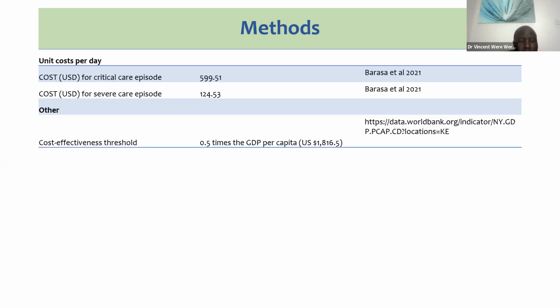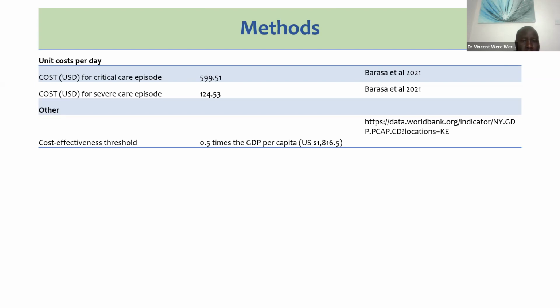Then we had already done an analysis of our data, and we found that the cost of care for one critical patient is $599 per day. And we had already done another study showing that the cost of severe was $124. From here, you can see clearly that a severe patient is cheaper to take care of than an ICU patient.